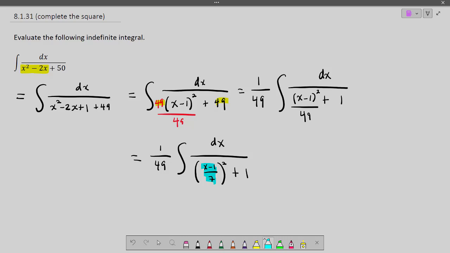Then it all comes together really nicely. We're going to have 1 divided by 49. I'm going to leave a little gap right here for the reverse chain rule. And we know that we are going to have inverse tangent of whatever is inside the parentheses, plus c.